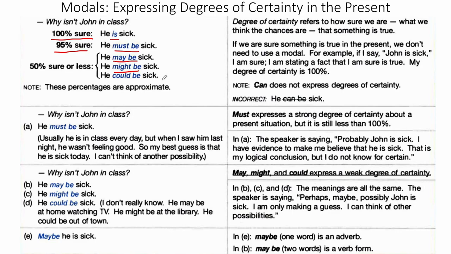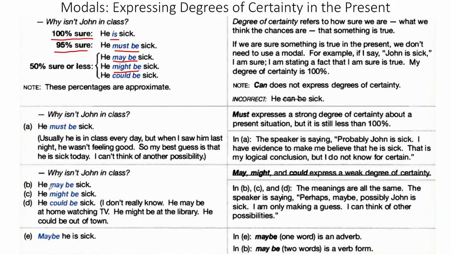So this is what we can say about degrees of certainty. For example, here, he must be sick. And we have said that we are 95% sure, a strong degree of necessity.